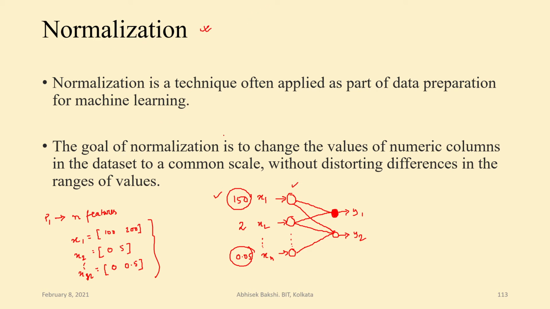And that's why we try to change the values of numeric columns represented in the data set to a common scale. You see, that common scale can be 0 to 1, can be minus 1 to plus 1, can be 0 to 5, but something common. And this should be done before you start the execution. So you will have an entire data set, something like this.